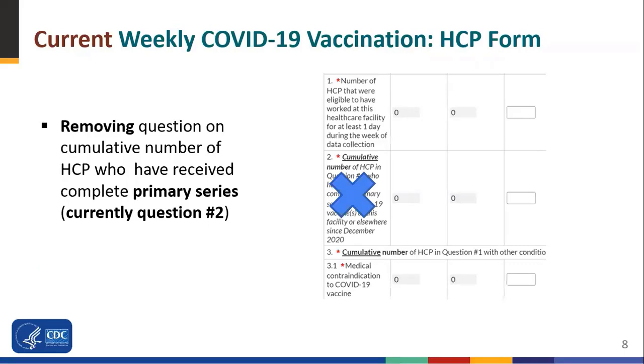Now we'll look more closely at the specific form changes. This slide highlights that we are removing the question on the cumulative number of healthcare personnel who received a complete primary series, which is question 2.